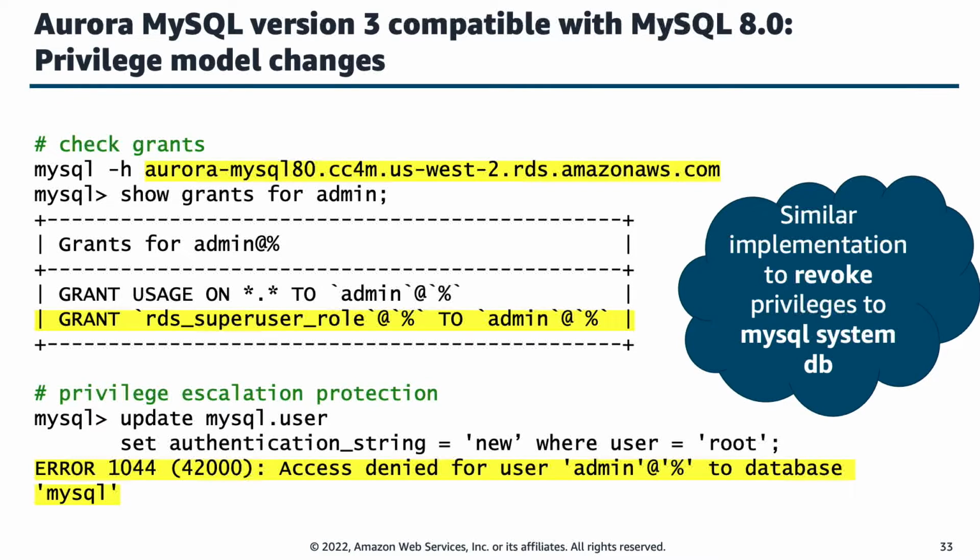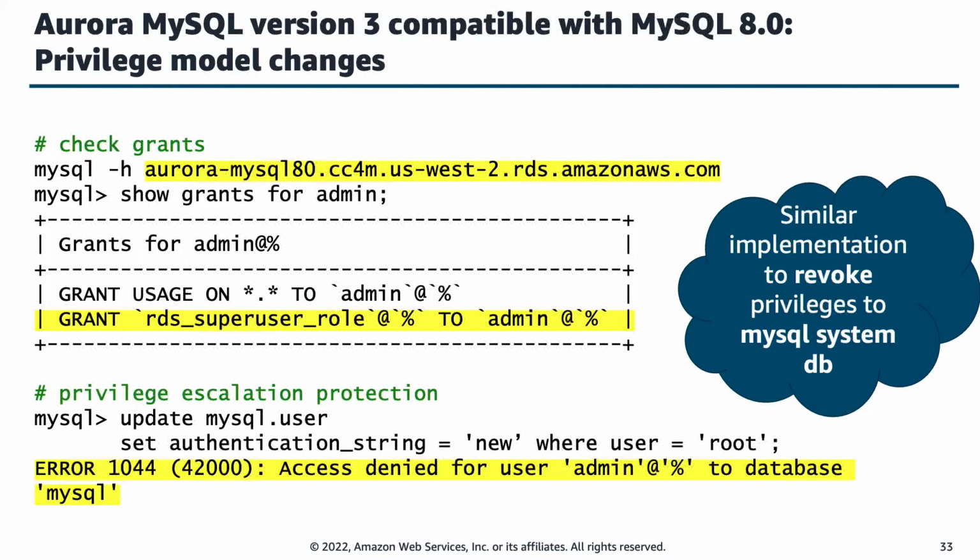So if you start Aurora MySQL version 3, and you do show grants for user admin, and the admin is the user that you specify when you create the database, you will see this. So that means that you have roles.